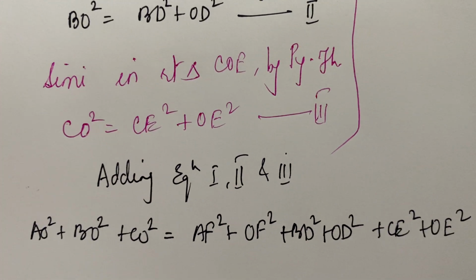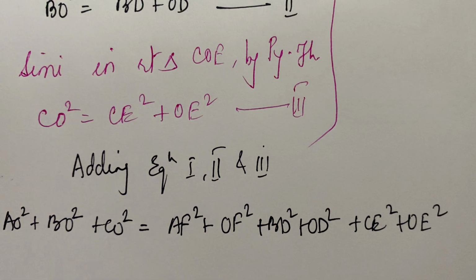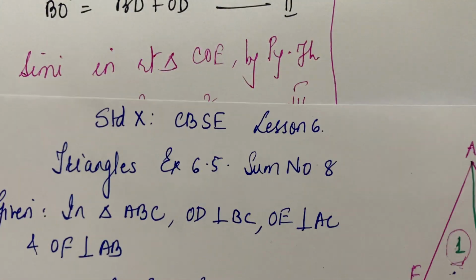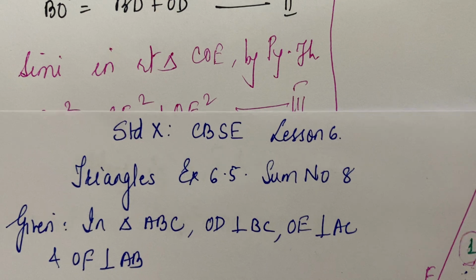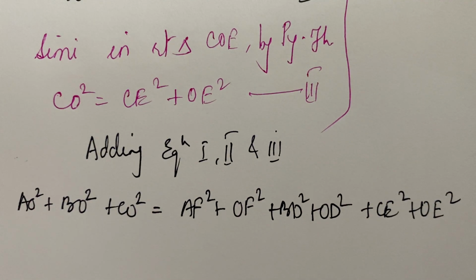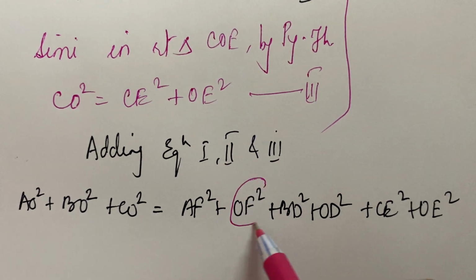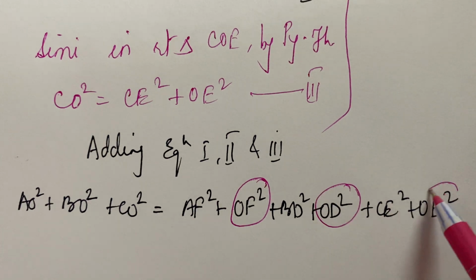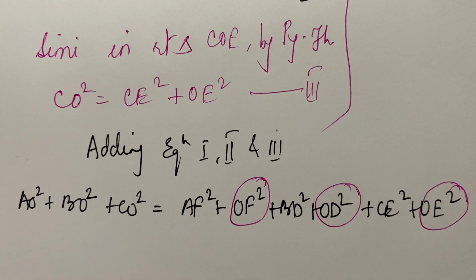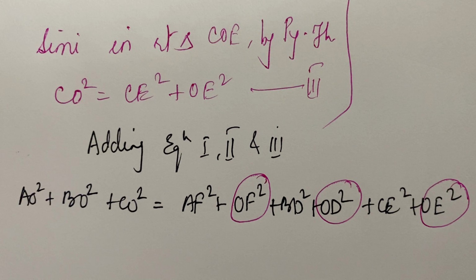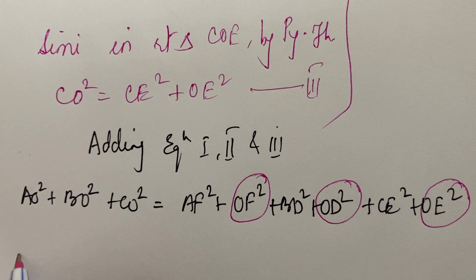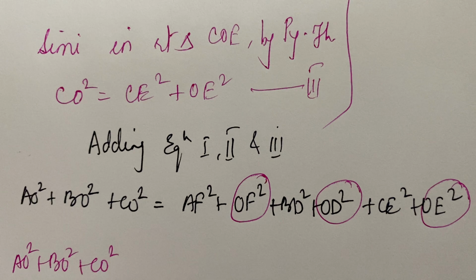Okay, such a big equation. Now look here, what you have to do. You need minus OD minus OE and minus OF, means these terms OF, OD and OE have to be transferred to the left hand side. Getting that? So you will get AO square plus BO square plus CO square.